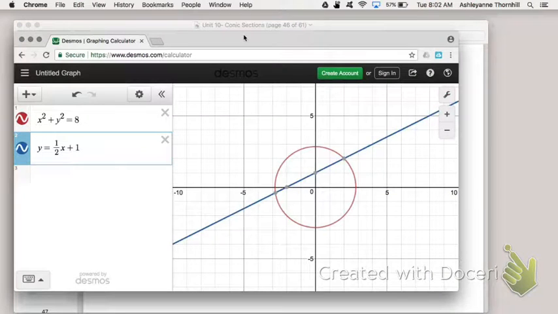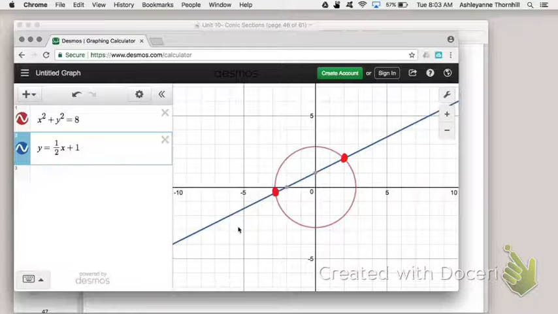So this is number 1. Number 1, we are not going to solve algebraically because it has an ugly decimal, and I'm not going to give you any ugly decimals on a non-calculator part. So here we have a circle and a line. The circle is x squared plus y squared equals 8, and the line is 1/2 x plus 1. How many points of intersection do I have? 2, here and here.